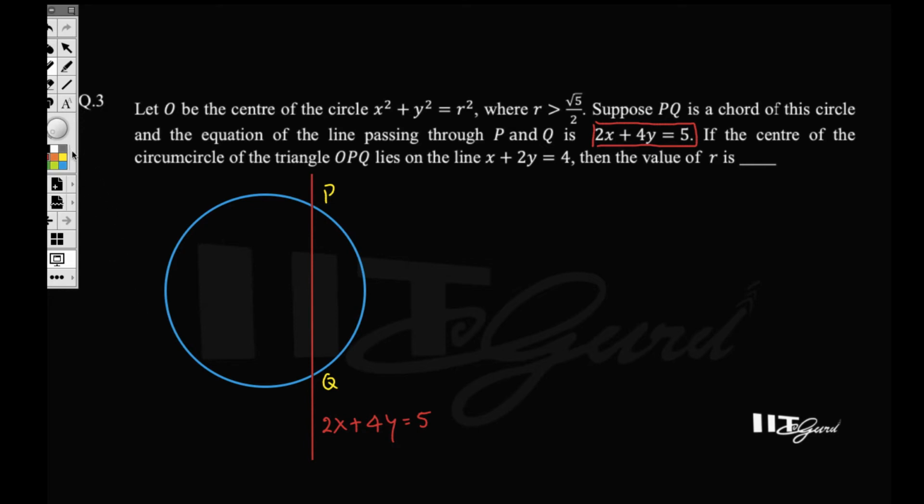Now it is given that we need the center of the circumcircle of the triangle OPQ, where O is the center of the circle.